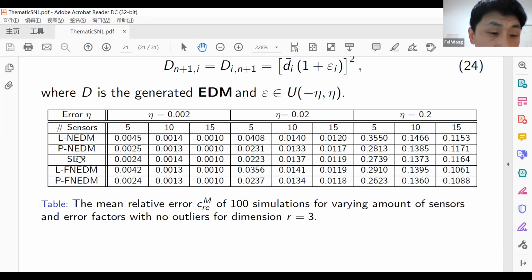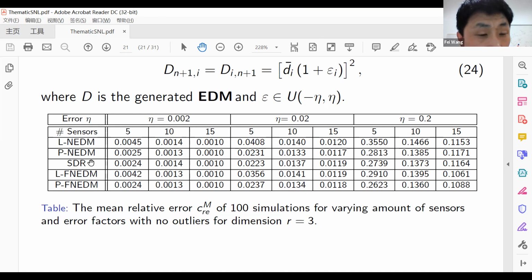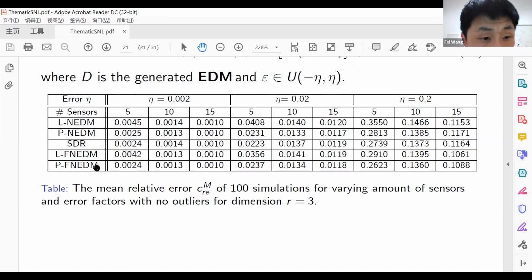But for the SDR model, because the towers are fixed, we do not distinguish between the Procrustes and least square approaches. With all these approaches, it seems that FNEDM is the best approach.